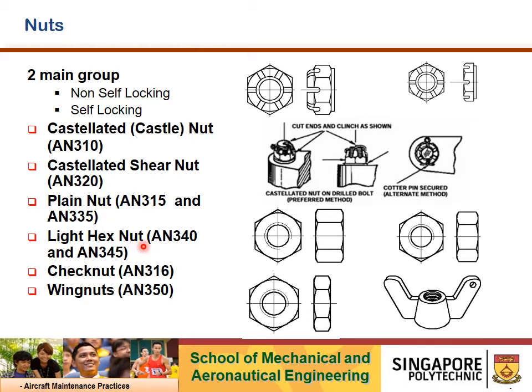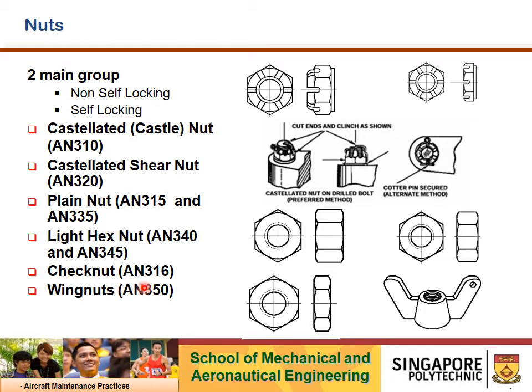For light hex nut AN340 and AN345, it is used in non-structural applications where light tensioning is required. Also, it must be locked by an auxiliary device such as a check nut or a safety wire.